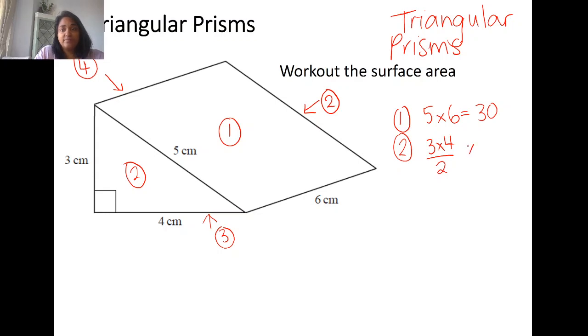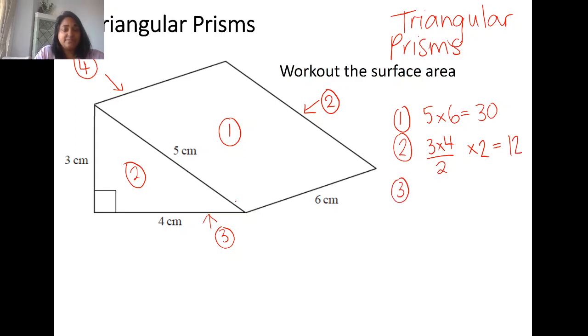So we can multiply it by 2 at this stage. So 3 times 4 is 12, but if I divide something by 2 and then I multiply it by 2, those 2 operations cancel out. So 3 by 4 divided by 2 times 2 is the same as simply 3 by 4, which is 12.